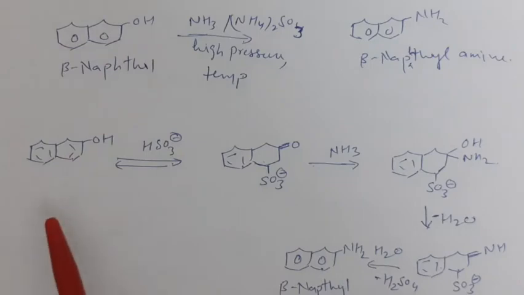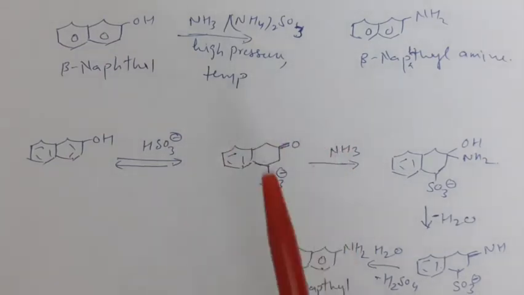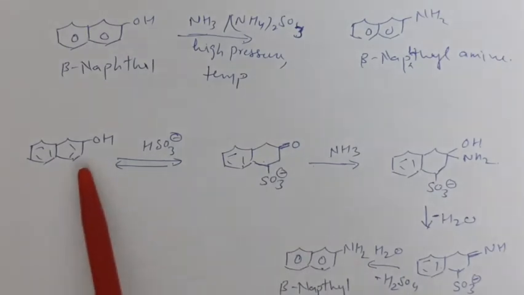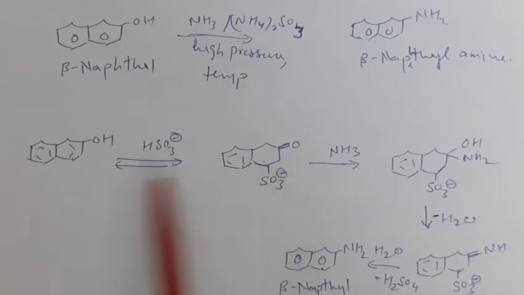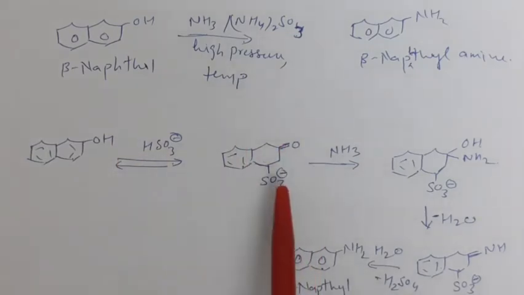The beta naphthol or alpha naphthol in the presence of ammonium sulfite gives the bisulfite ion. The bisulfite ion reacts with beta naphthol and gives the addition product. The bisulfite ion adds at this double bond, and the keto isomer of the enol is formed.